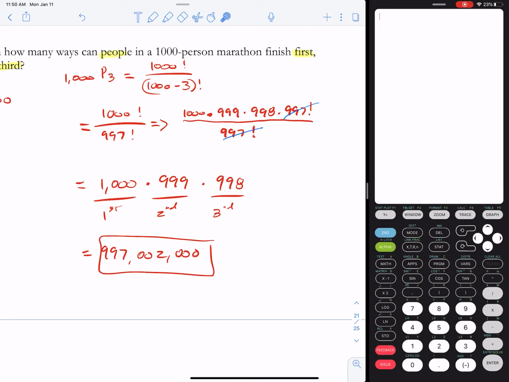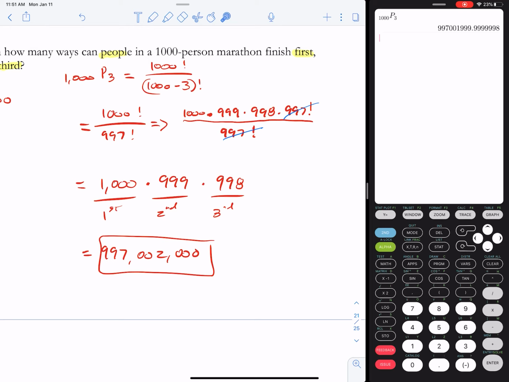Let's clear that. 1,000, math, permute, 3. Using a calculator, you would just hit 1,000, permute, the number 3, and then enter. Let me see if I can figure this one out. Looks like I'm going to have to put the 1,000 first, and then permute 3. And there you go. You get the solution that we just had.